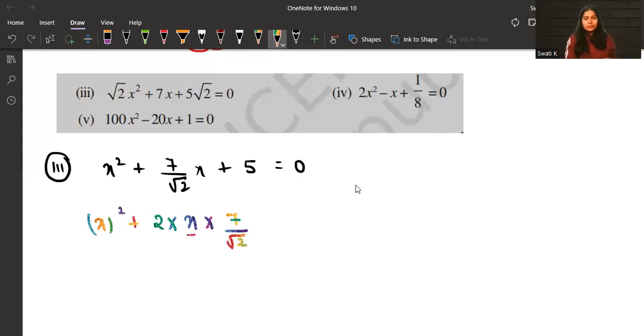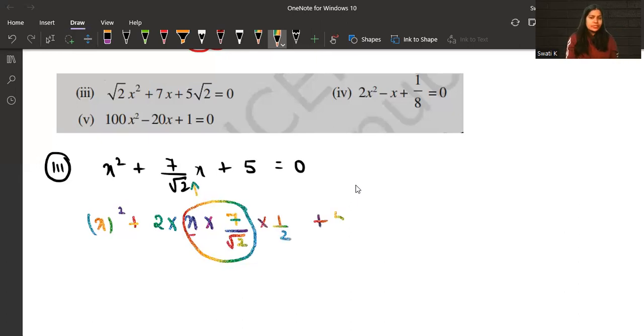Now as soon as you do this, what is the extra thing you can see here? This is 7 upon root 2 x, it is not extra because it is already there. We are trying to convert it into the formula, 2 into a into b, right? So this 2 is extra. So we have to divide by 2.